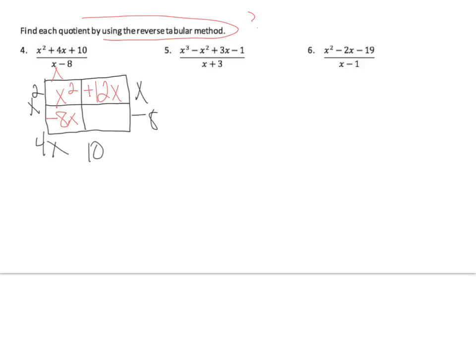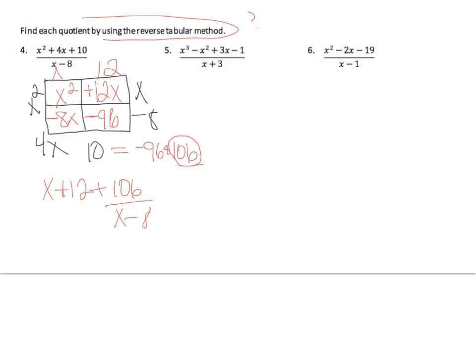Now, to get a 12 there, I need to multiply here by 12. 12 times x is 12x. 12 times negative 8 is negative 96. So 10, which is what our problem is, would be negative 96 plus 106. That right there is our remainder. So our quotient is x plus 12 plus 106 over x minus 8.